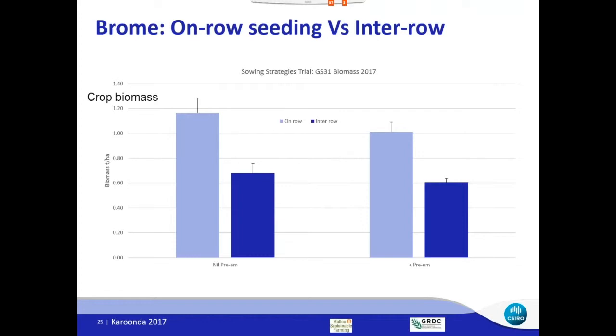In terms of crop competition, this year alone we're seeing some big differences in crop biomass from on-row seeding and equivalent differences in brome biomass due to suppression, but also fewer plants. So you can see here, with or without pre-em, big differences between on-row seeding in the light blue and inter-row seeding showing much less crop biomass, and therefore much less crop competition.